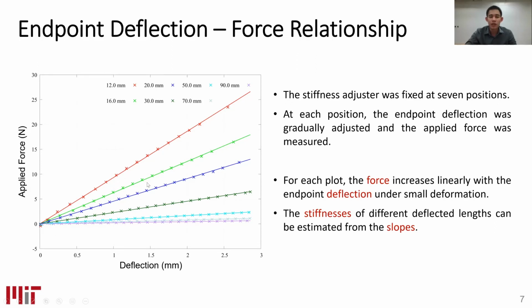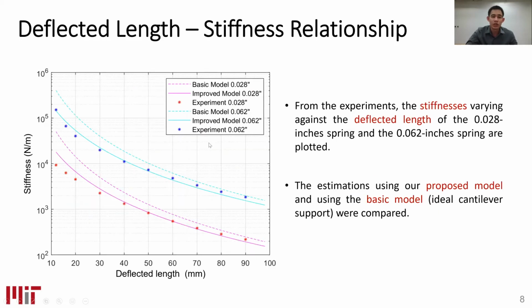The slope of this plot is the stiffness of the spring at that deflected length that relates to the stiffness adjuster's position.